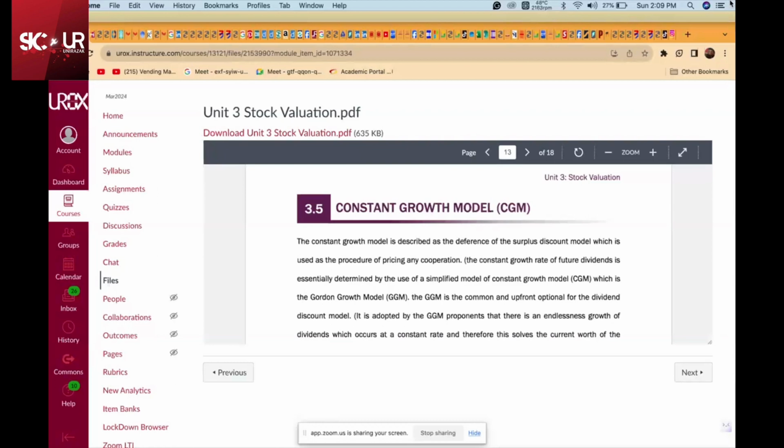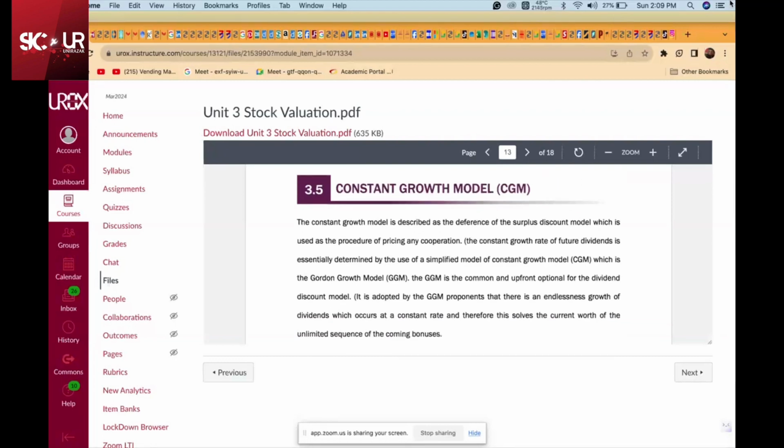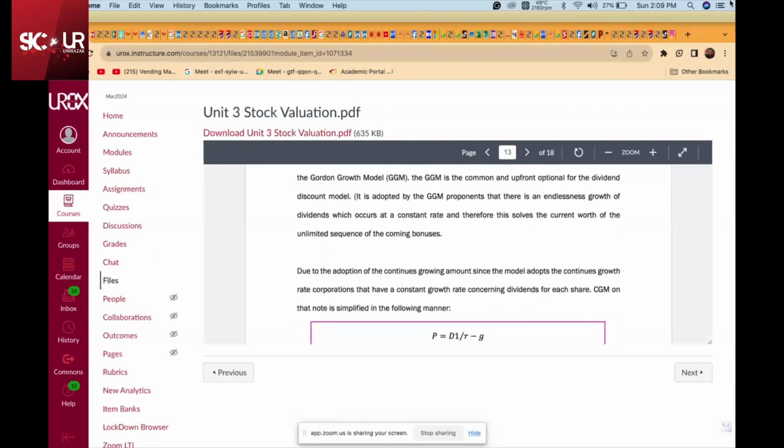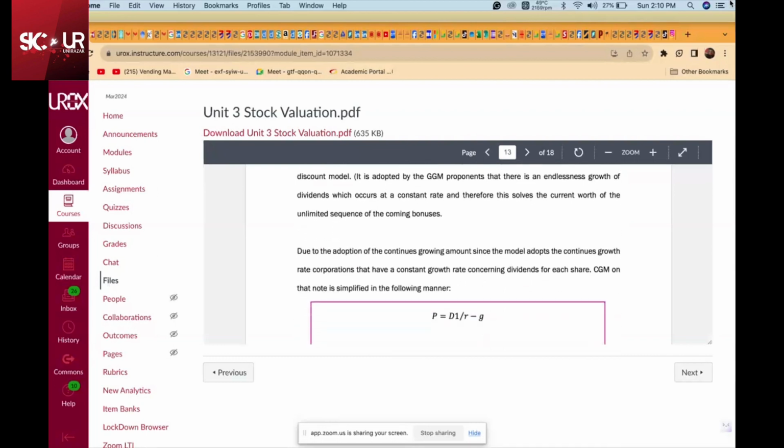The Gordon growth model is a common and straightforward option for the dividend discount model. It is assumed by Gordon growth model proponents that there is an endless growth of dividend which occurs at a constant rate, and therefore this solves the current worth of the unlimited sequence of the coming dividends.